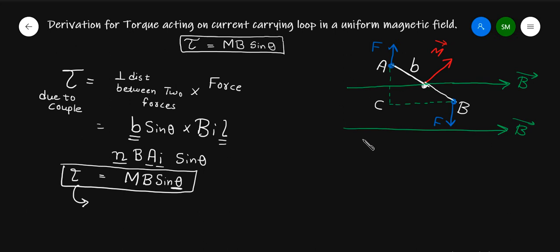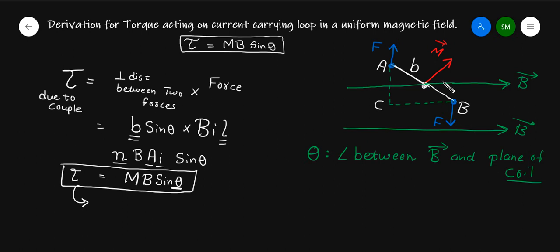Suppose, see this diagram, AB is a coil. If the question says that theta is the angle between the B vector and the plane of the coil, and not the m vector, see the diagram.